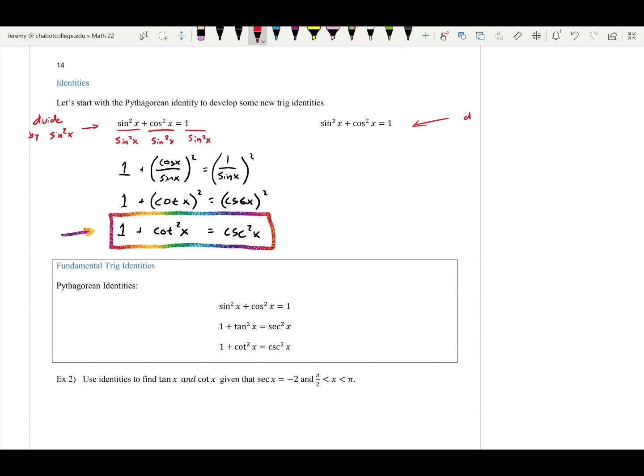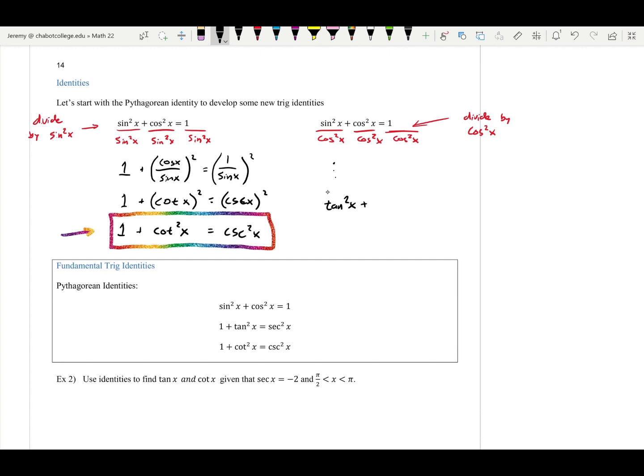This time we're going to divide both sides by cosine squared x. Okay, so same procedure, but with cosine squared x. And let's see what we get. So I'll skip some of the steps here, and we could just think, here we're going to have sine squared x over cosine squared x. That is going to simplify down to tangent squared x, right? Because sine over cosine gives us tangent.